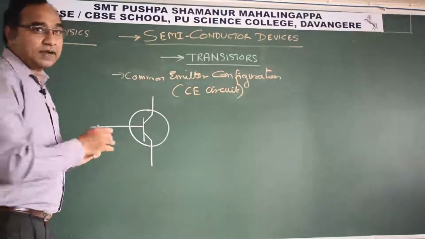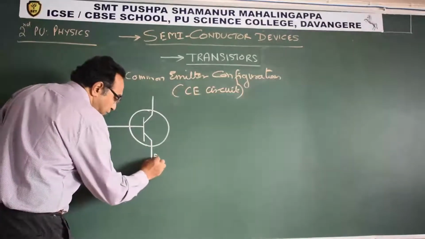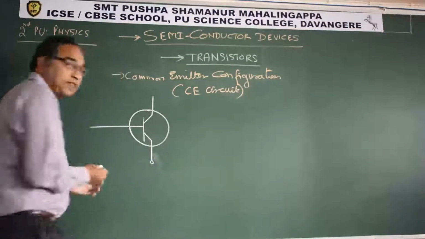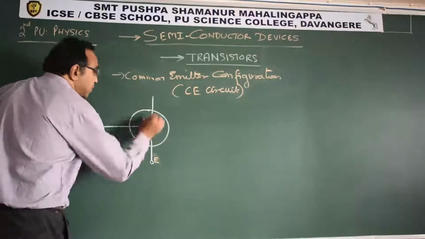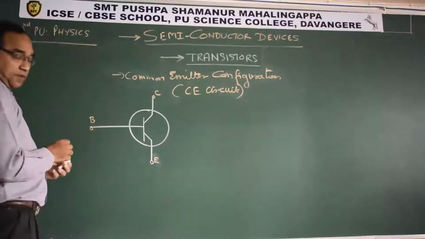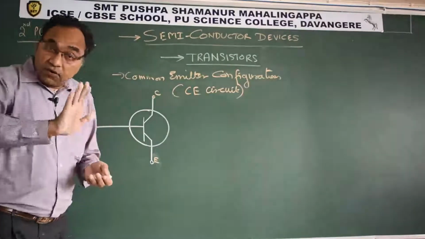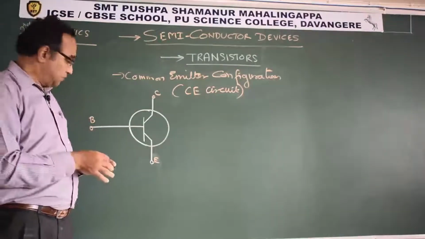No, nothing like that. This I am doing because emitter has to be made common. So this is emitter, this is collector, and this is base. It will not be mentioned, I am mentioning here for our understanding.